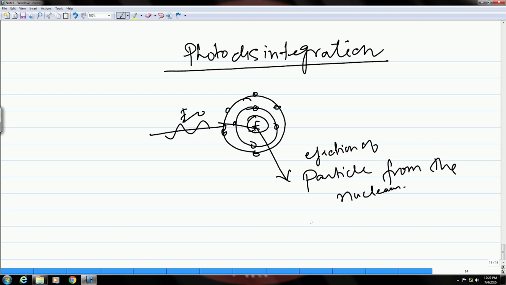And this particle is known as nucleon. And this can happen when the X-ray has an enormous amount of energy.